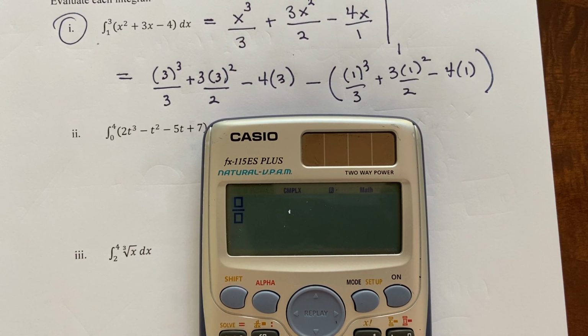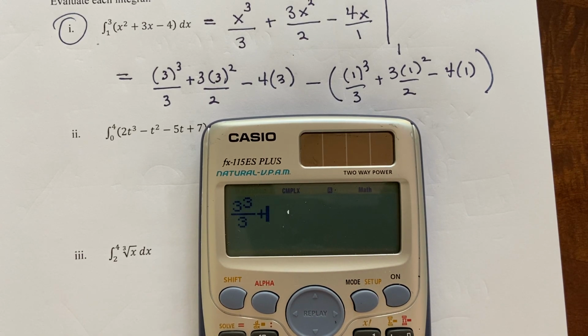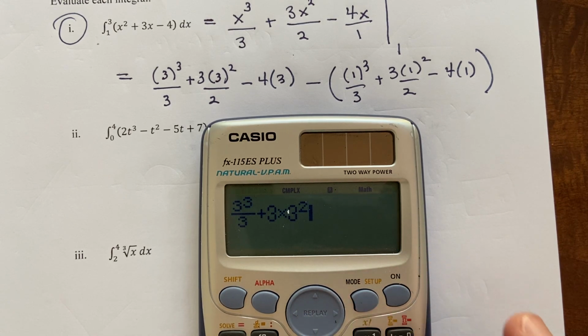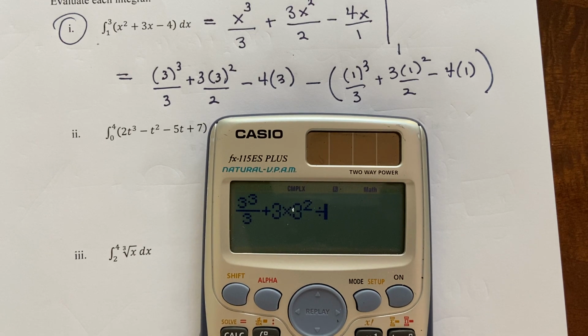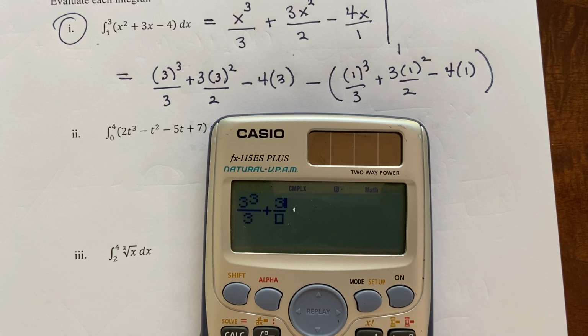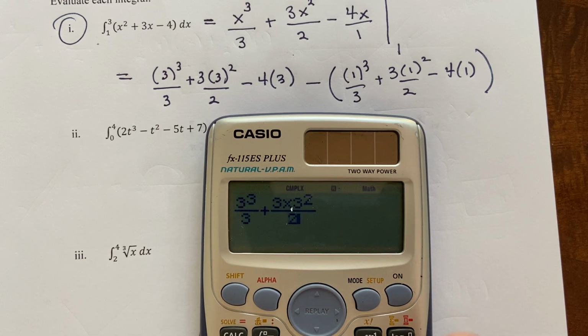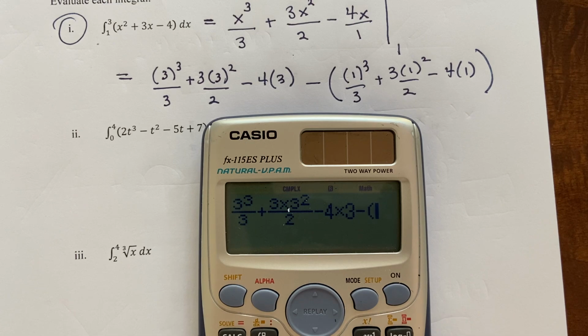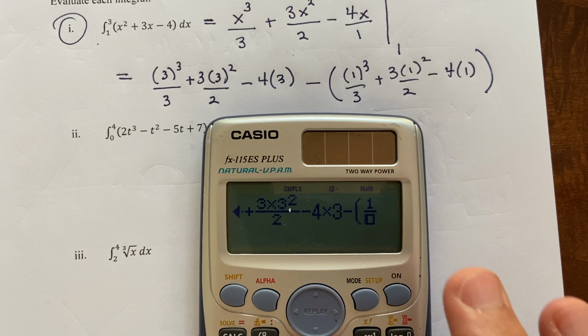Okay, so 3 cubed over 3 plus 3 times 3 squared, and then I guess I need to divide by 2, I'm going to retype that. So 3 times 3 squared over 2 minus 4 times 3, and then minus parentheses. That'll just be a third, so I'll just type a third.